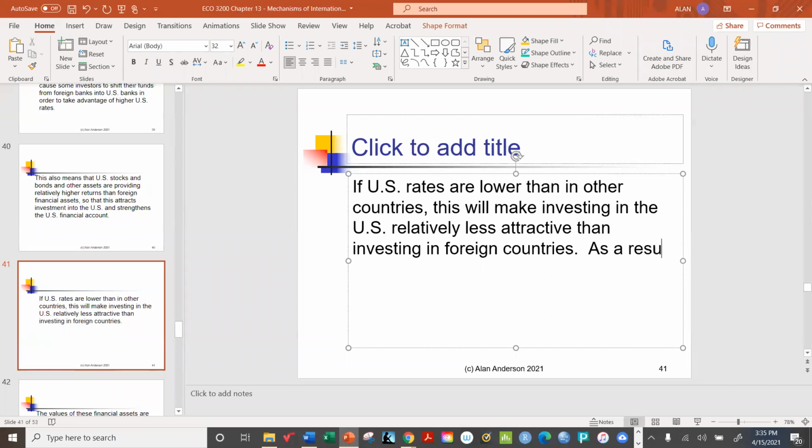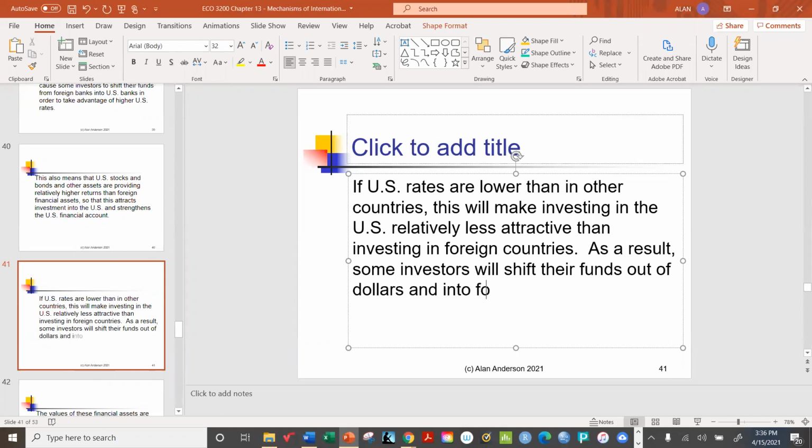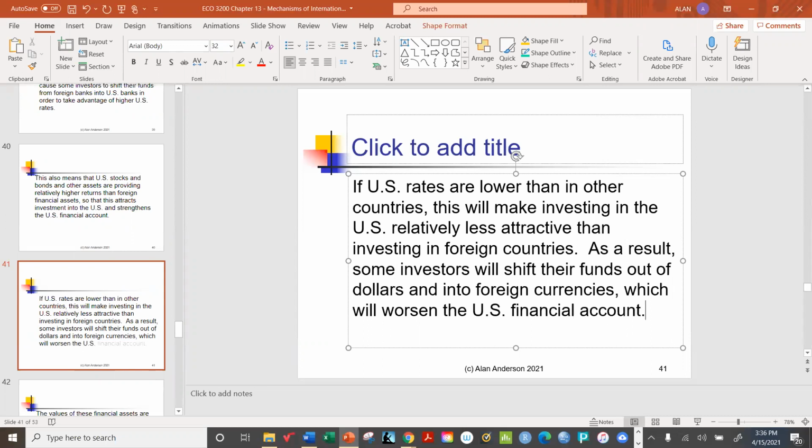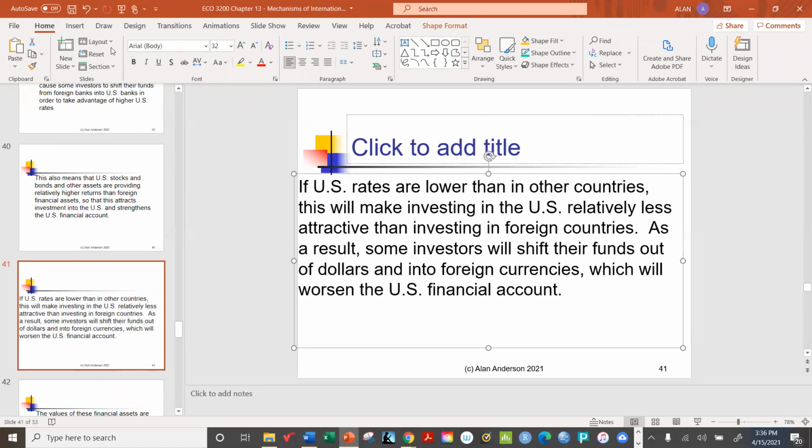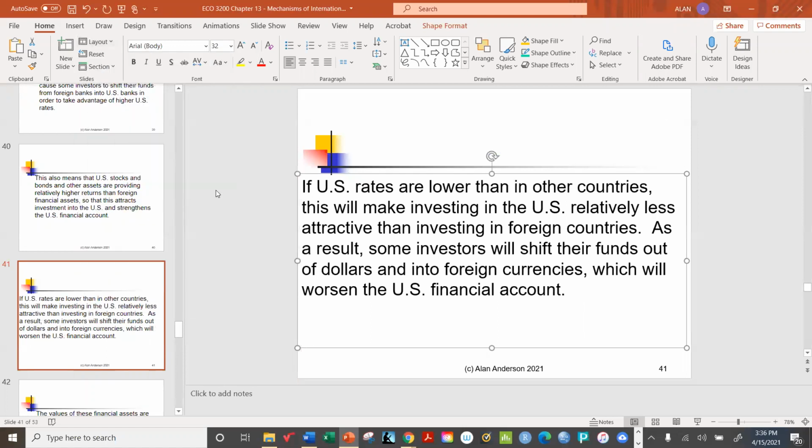As a result, some investors will shift their funds out of dollars and into the foreign currencies, which will worsen the US financial account. So that will have a major impact on the US financial account.